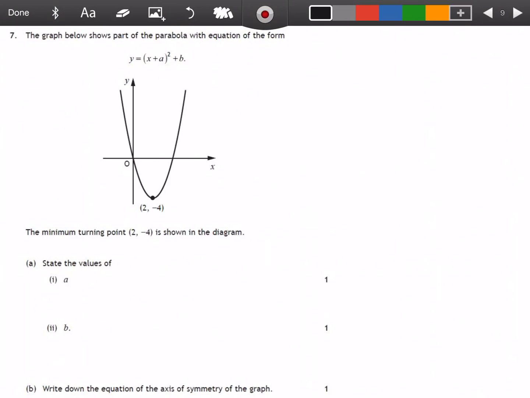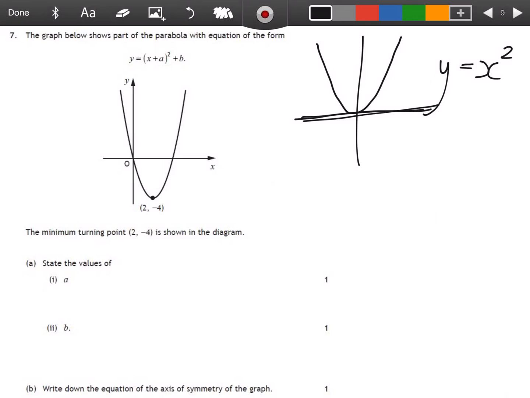Next one, number 7. Here we have a parabola. The minimum turning point is 2, -4. Find the values of A and B. Normal parabola, that's basically what x squared looks like.